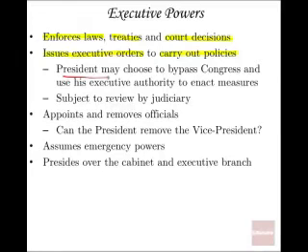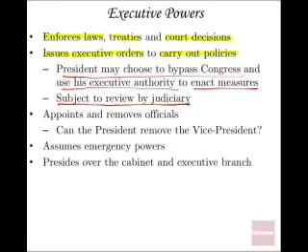So the President may choose to bypass Congress and use his executive authority to enact measures. Now, obviously, it's going to be subject to review by the judiciary, but a president, maybe an angry president that doesn't have the cooperation of Congress, a do-nothing Congress, may resort to using executive orders.